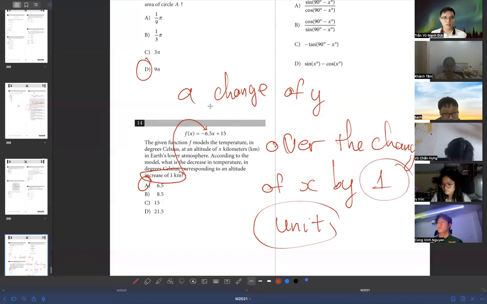In this case it is a decrease in temperature because of the minus sign, corresponding to an increase of 1.